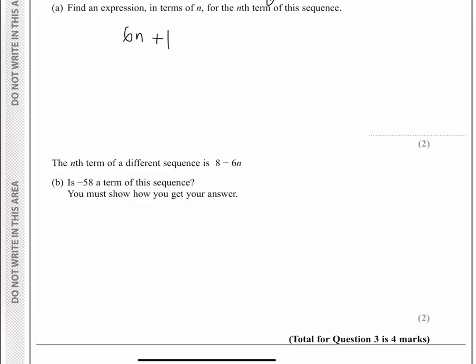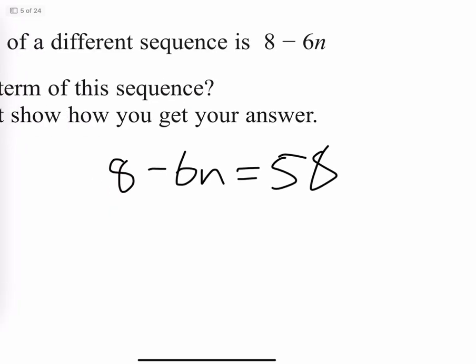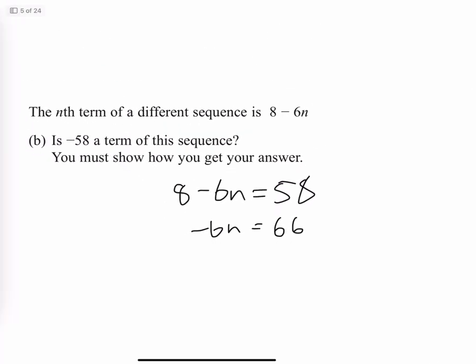The nth term of a different sequence is this. Is minus 58 a term of this sequence? Well, let's set it equal and see if we get an integer value of n. Let's move that over, so we get minus 6n equals... Maths is not being my friend today. 66? 66, yes.